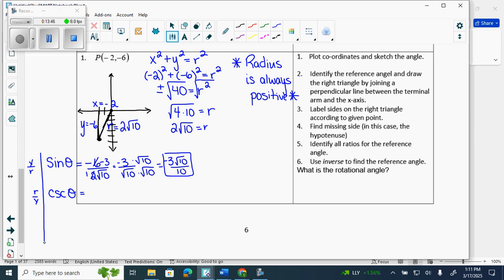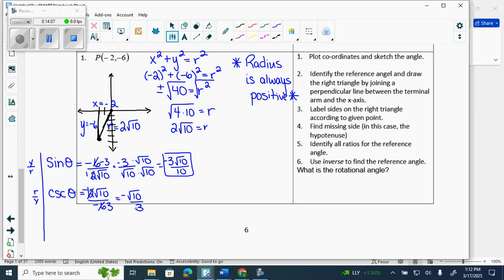So I put my theta in there, and my r is 2 root 10, and my y is negative 6. And then I can take a negative 2 out of each of these, so I'm left with negative 1 over 3, because they'll often put the negative in the top.